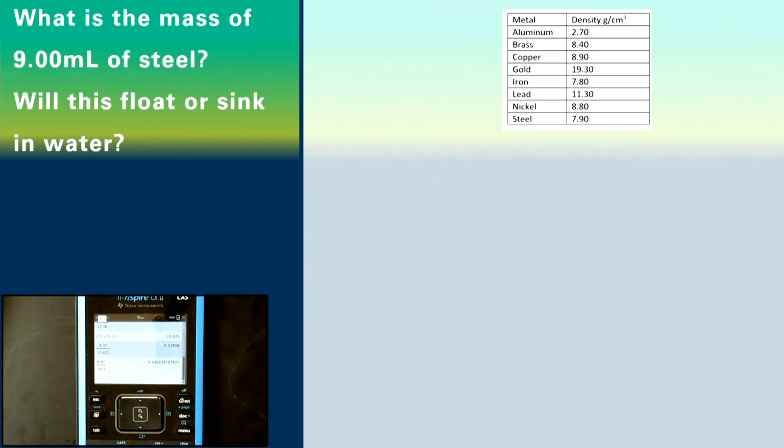So moving on to the next calculation, and it is what is the mass of 9 mils of steel? And we're also asked, is this going to float or sink in water? So we know that the density of water is equal to 1 gram per milliliter. So the mass is unknown.